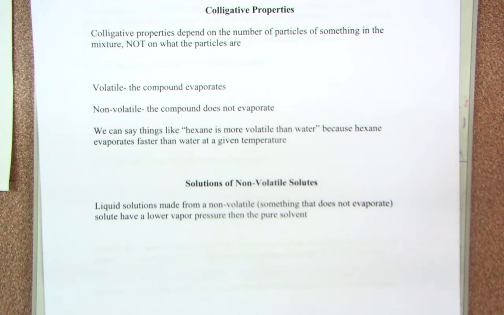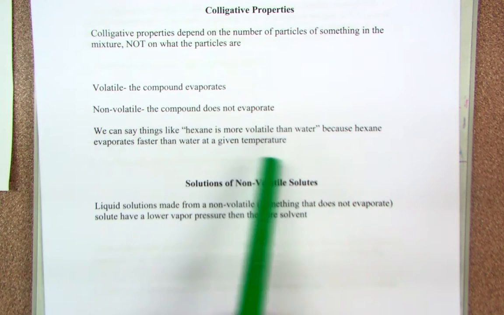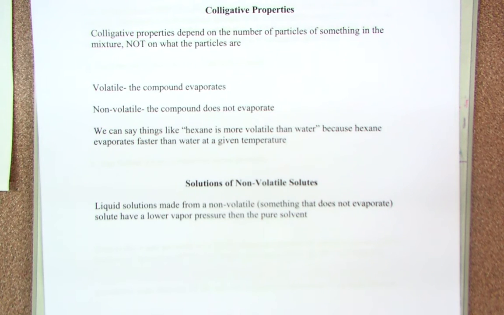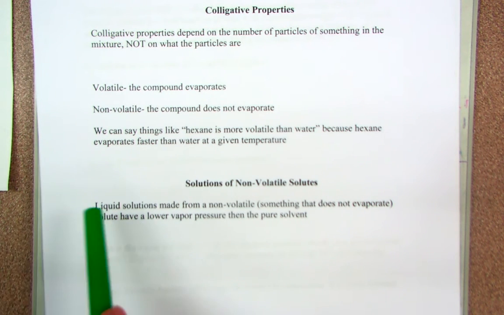Volatile means the compound evaporates under the conditions we're working with. Non-volatile means it doesn't. So water is volatile at room temperature. If you leave water sitting around, it will evaporate. Okay, lead is not volatile. It doesn't evaporate. Sodium chloride is not volatile. It doesn't evaporate. We figured that out in lab last week, right? Or earlier this week.